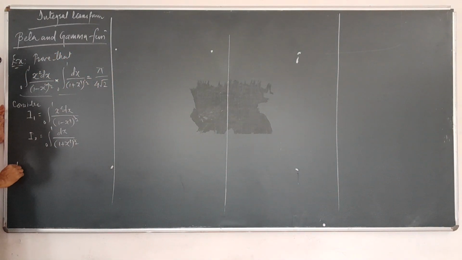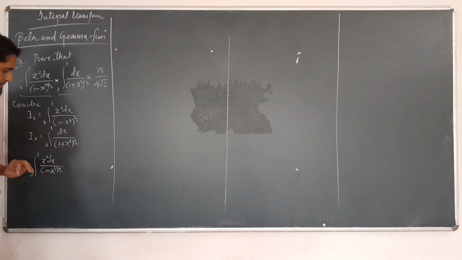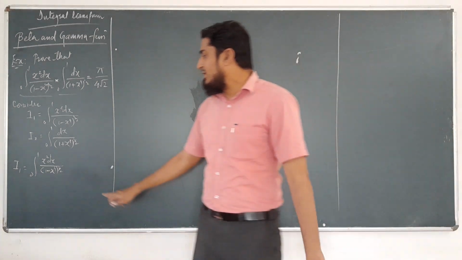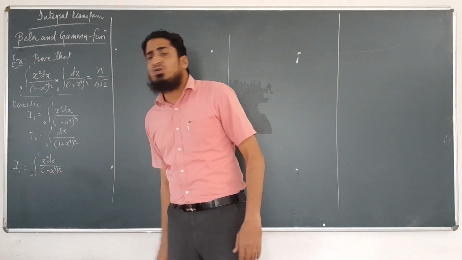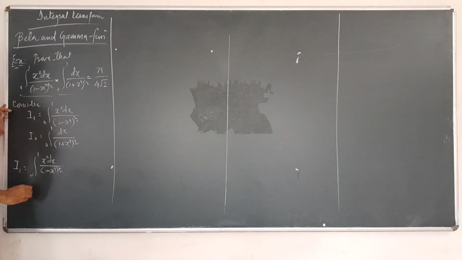So take I1 first. I1 is equal to integration from 0 to 1 of x square dx upon (1 minus x raised to 4) raised to half. Correct? Now we can solve this integral with the help of the substitution method.